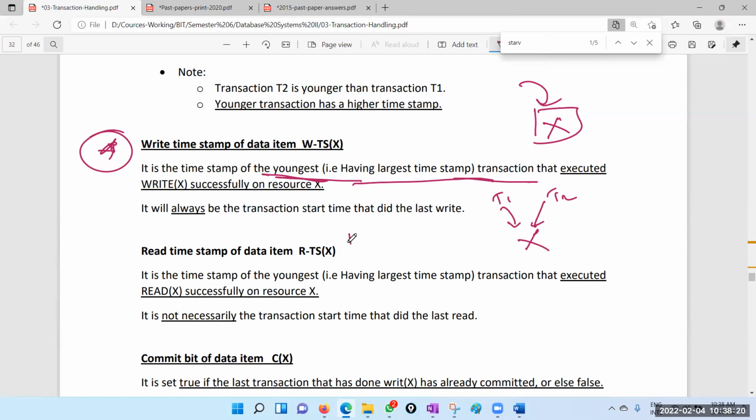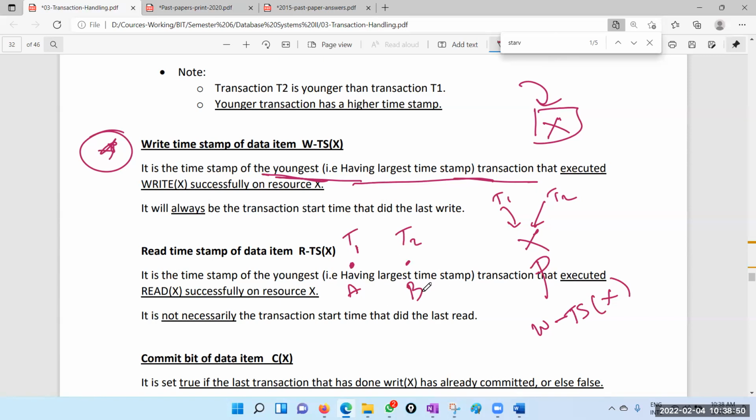Transaction 1 started at this particular point of time, say time A. Transaction 2 started at time B. Now both have written. Now what is the write timestamp of X?